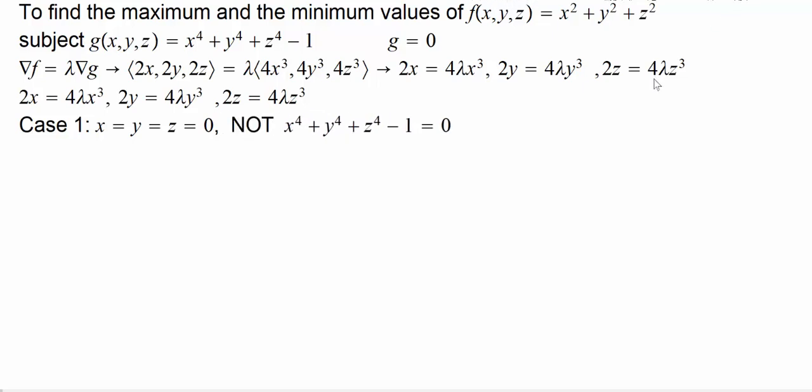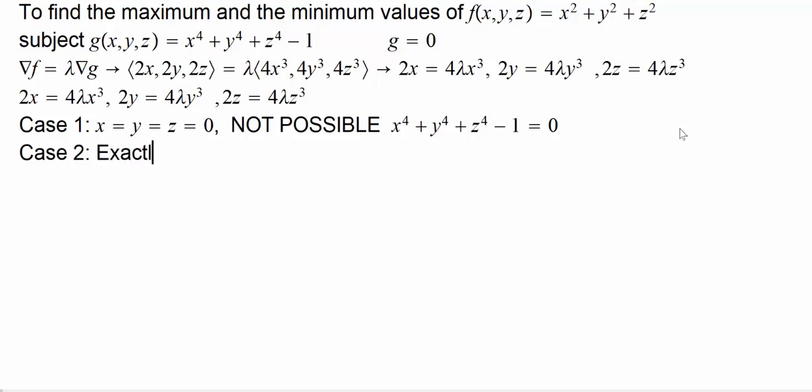Very good. Now case 2: we have three variables, so let's start with this. Exactly one of these, say x, is 0, and we will see whether y and z produce a similar scenario when we go to them or not.